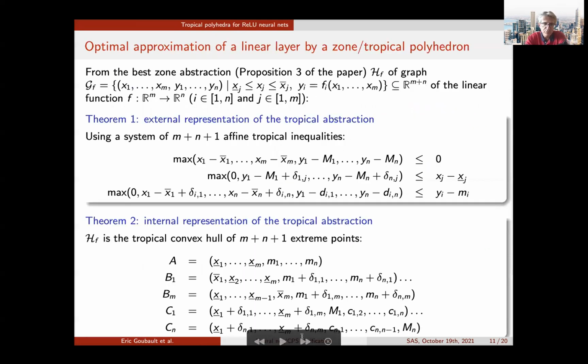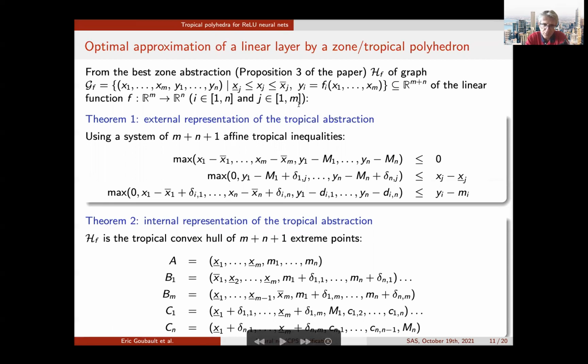And we are going to do this by first using a zone abstraction of a linear function f from R^m to R^n. So it's proposition 3 of the paper, and then use what we just saw, the internal and external representations of zones using tropical polyhedra.